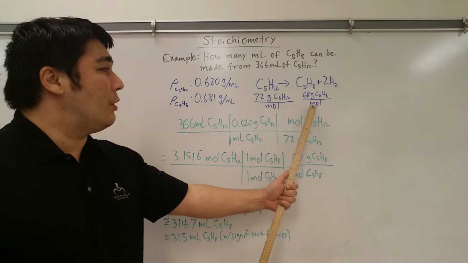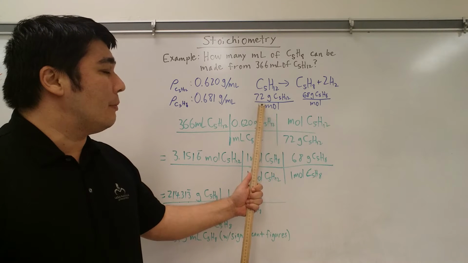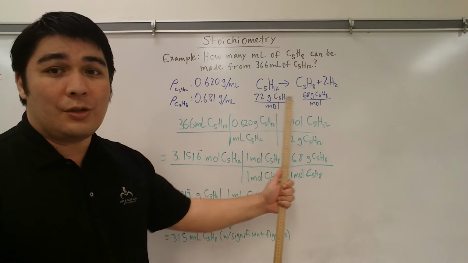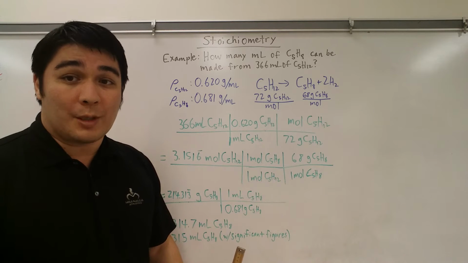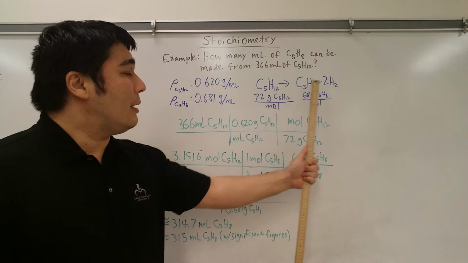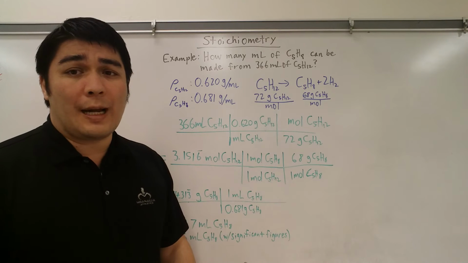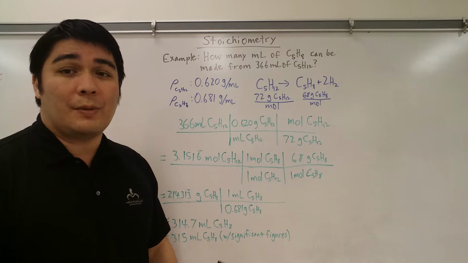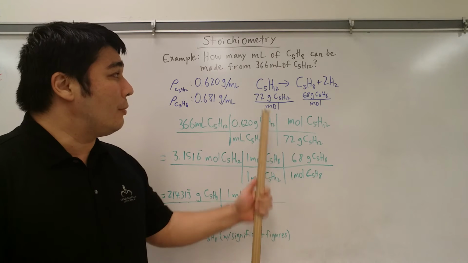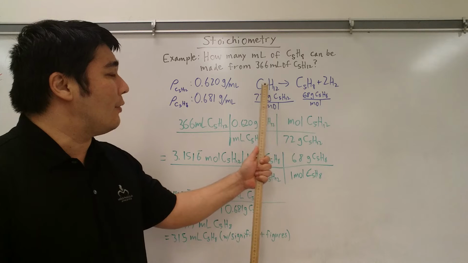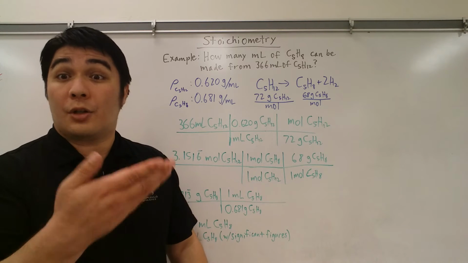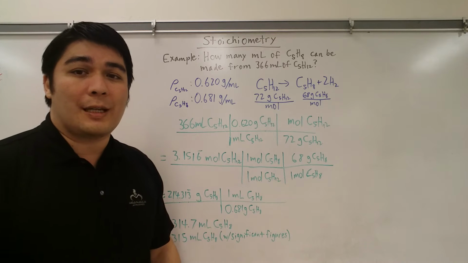The mole to mass ratio of C5H12 and C5H8, 72 and 68 grams per mole respectively, as well as the decomposition reaction between the two, in order to show you the mole ratio, which is 1 to 1, instead of 1 to 2 when it comes to the hydrogen, which occurs in later problems in this problem set.